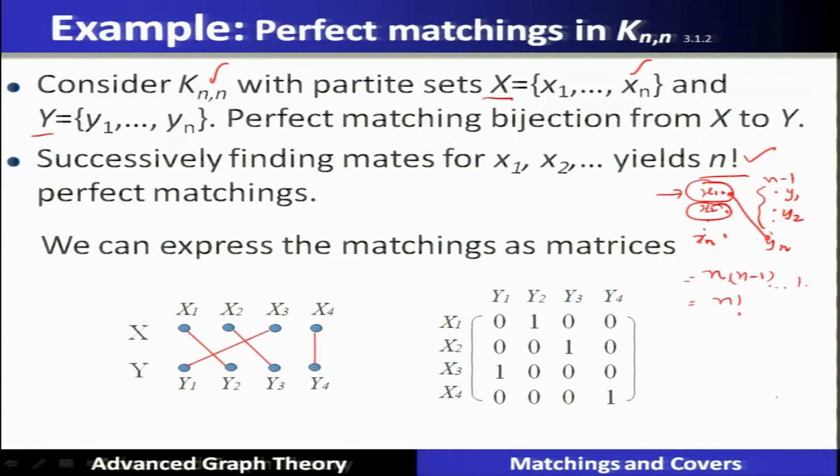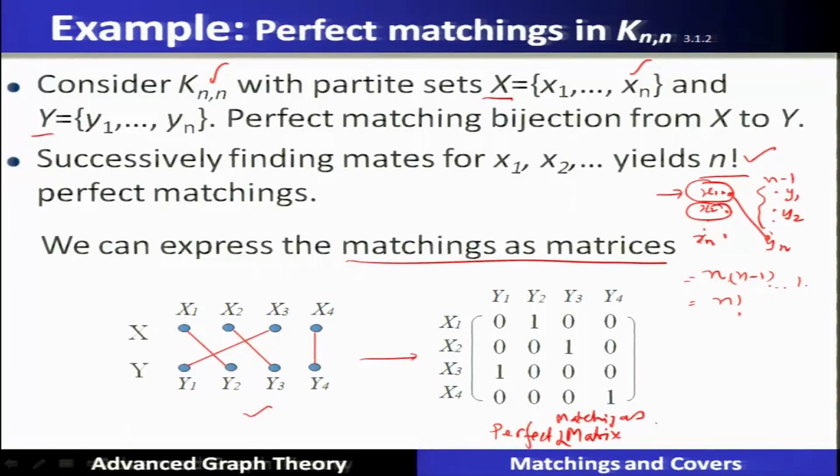We can also express this matching in the form of a matrix. For example, this is a perfect matching example. This we can represent in the form of a matrix.